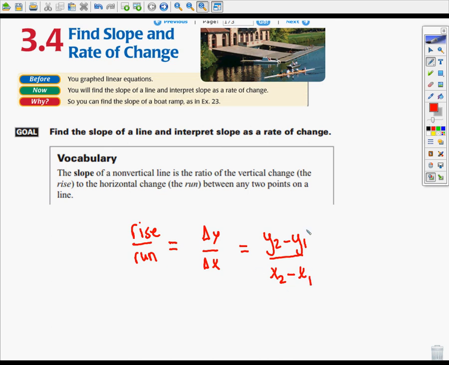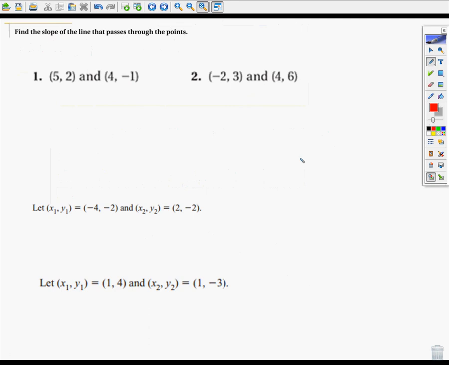So now I'm just going to take you through a couple examples. Not too many, because I know that we've done this before. I like to call the first point x1, y1, and the second point x2, y2. Slope has the letter m with it.